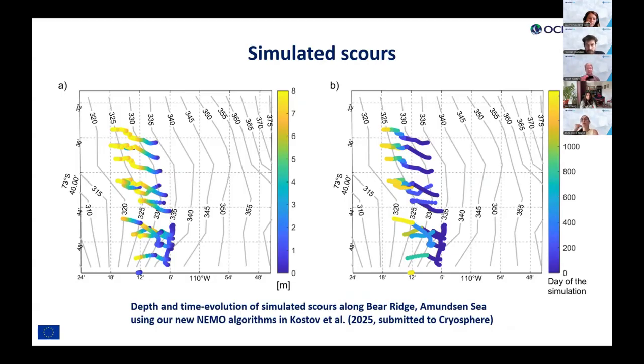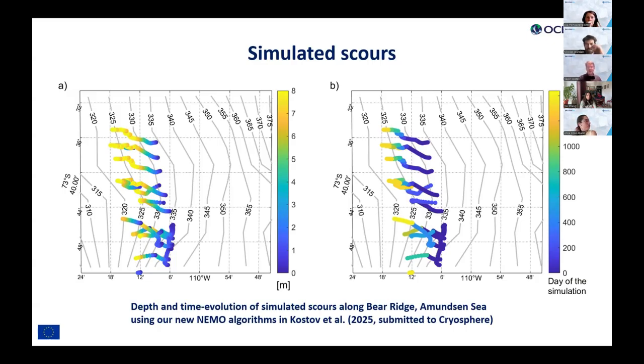And when we look at the depth of these scours, we see that it doesn't evolve monotonically. So we have these undulations because the icebergs melt and they shallow a bit, but at the same time, there are bursts of strong wind that push them forward.